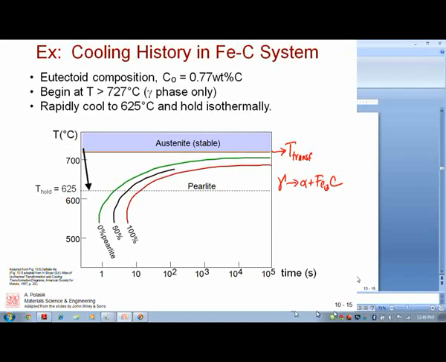The other thing I said is that this is an isothermal TTT diagram. And the question came up in the morning, well, how does that work with cooling rate? We think of cooling quickly, but now I've said we're doing this isothermal cool. And so here's what that deals with.